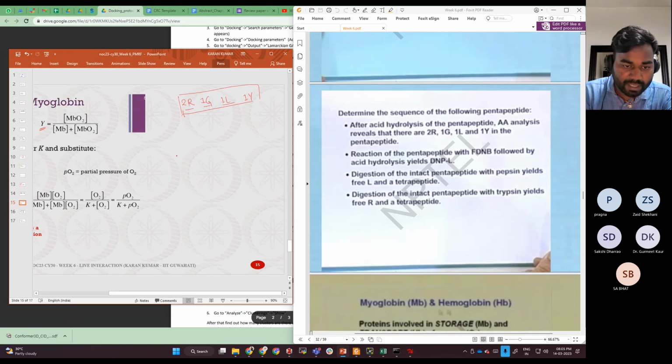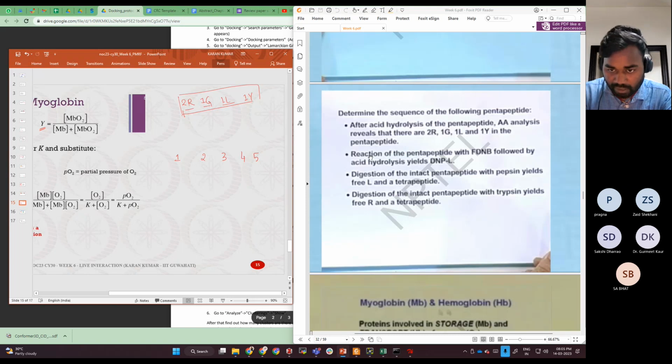So let me first mark 1, 2, 3, 4, and 5. Now, it is a pentapeptide. The first experiment has revealed it has arginine, glycine, leucine, and tryptophan.